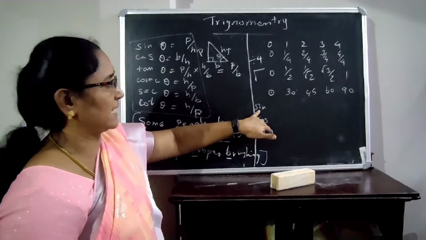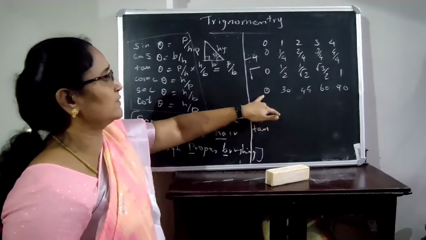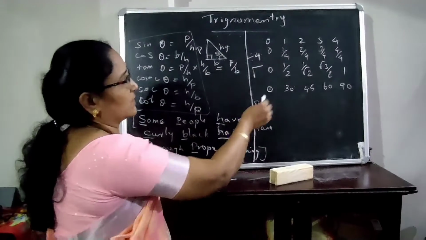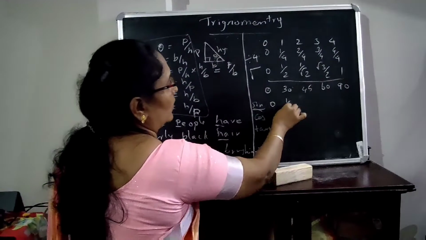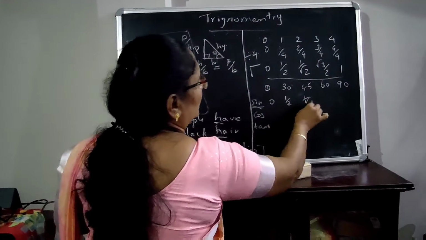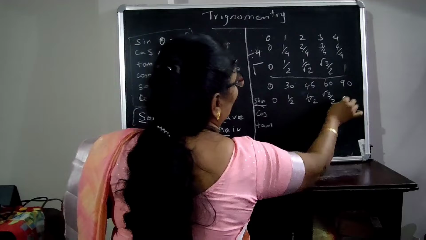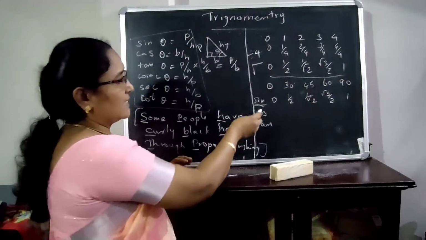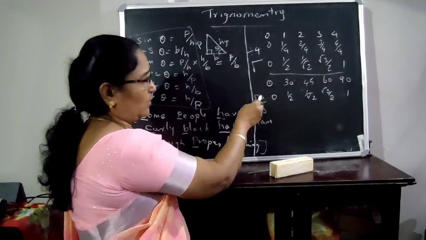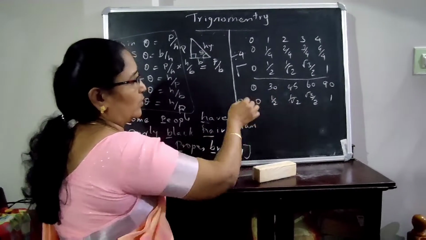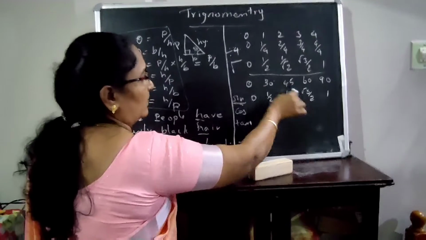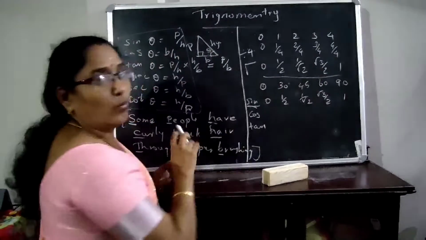First you write the sine values: 0, 1 by 2, 1 by root 2, root 3 by 2, 1. So sine 0 equals 0, sine 30 equals 1 by 2, sine 45 equals 1 by root 2, sine 60 equals root 3 by 2, sine 90 equals 1.